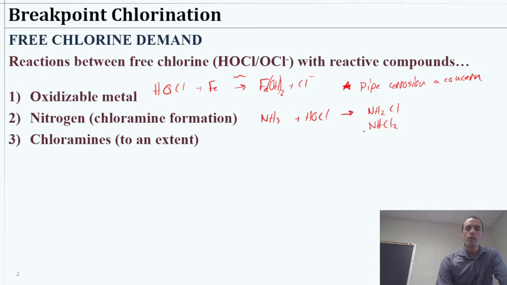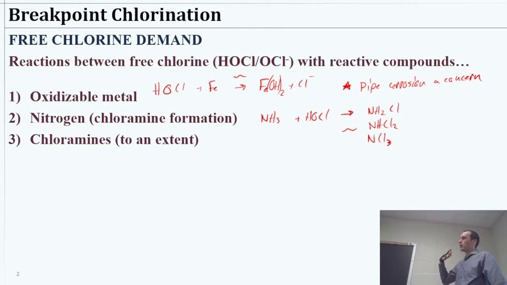Anyway, we can have mono, di, or trichloramines. So I'm going to come back later, but it'll be something like this form, right? 1 nitrogen to 3 chlorines, approximately. So we get these monochloramines, dichloramines, trichloramines. Those are going to form if there's anything containing nitrogen around. So even with nitrates, we could be forming them.